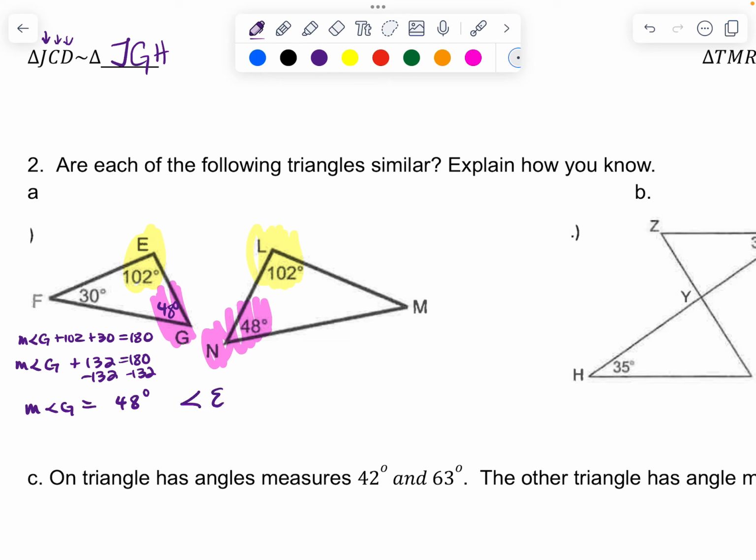So angle E is congruent to angle L, and angle G is congruent to angle N. So triangle EGF is similar to triangle LNM.